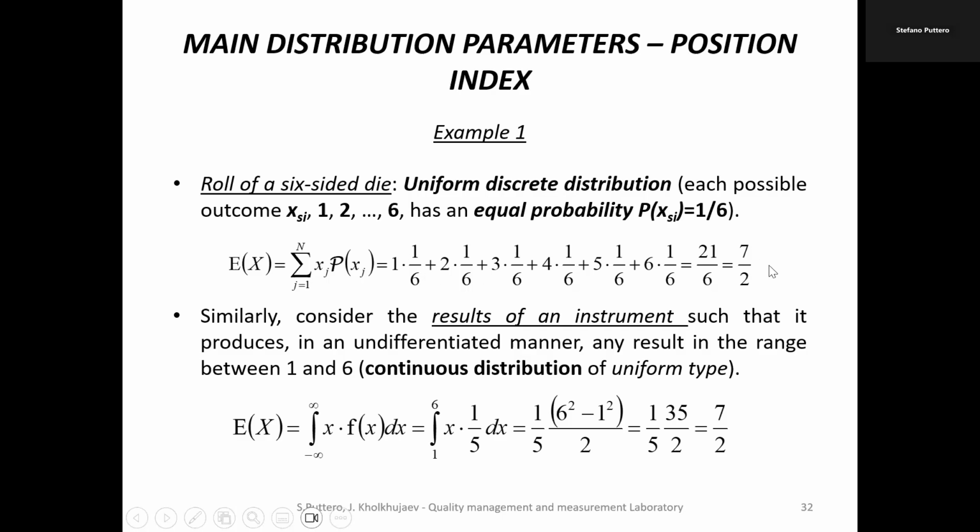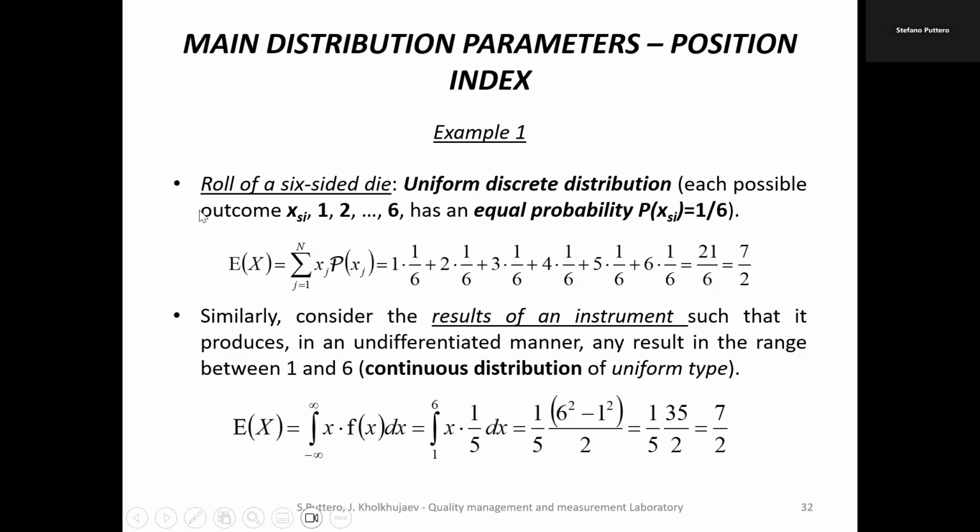However, it's important to understand that the expected value is a theoretical value. So it's not necessary that the expected value assumes one of the mass point results. This is why it is a decimal value instead of an integer value.